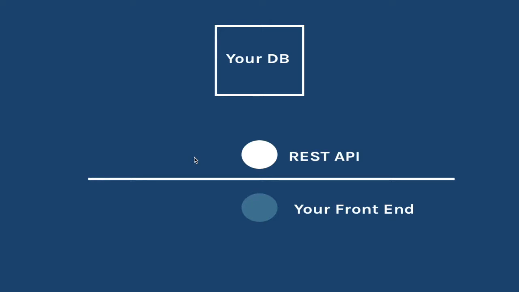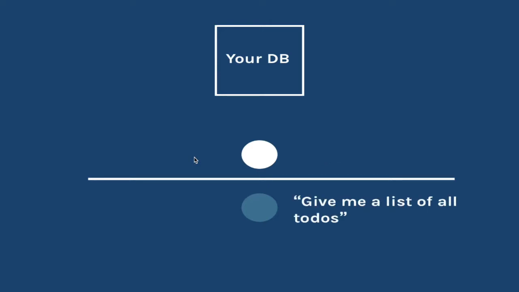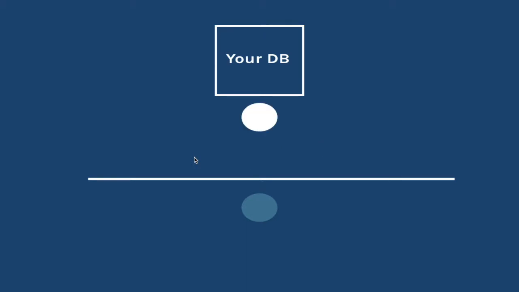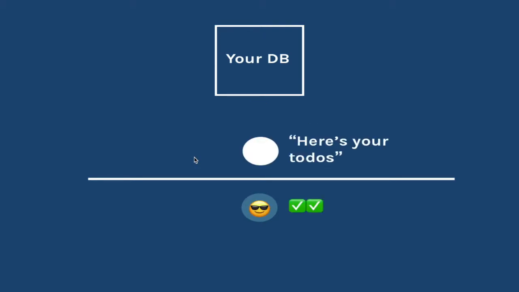Now, we will take the case of our to-do list application, and in our to-do list application, the most common feature that we have is requesting a list of created to-dos, and to do that, we make a request to the REST API, ask for a list of to-dos. The REST API confirms this request and then moves to a database. It fetches all the to-dos, collects them in an object called JavaScript Object Notation or JSON, packs them, brings it to you and hands them over.